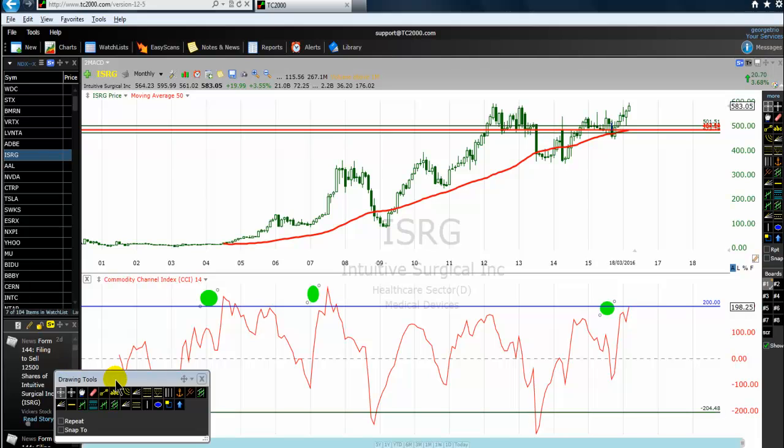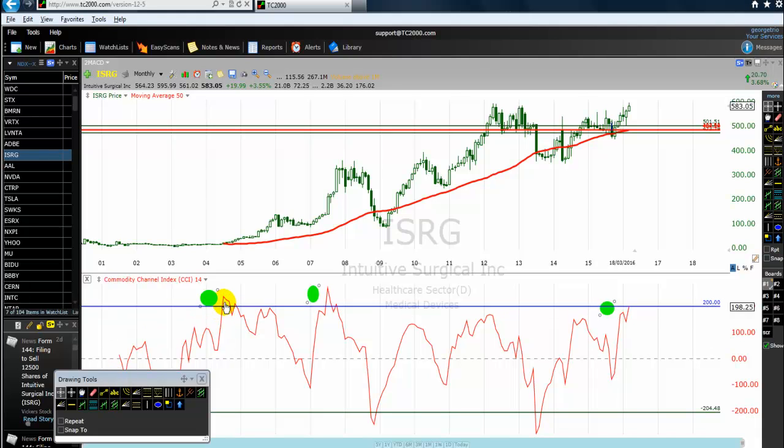So the first thing is to know when and where the CCI extreme trading signal will take place. They occur when the CCI reaches the level of positive 200 or negative 200. Anything else is not what we call the CCI extreme trading signal. Very, very important, you want to get it right.